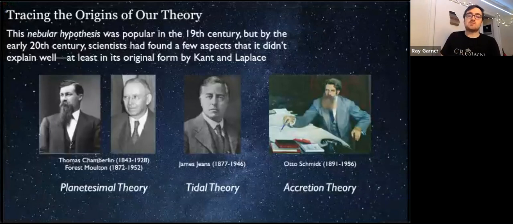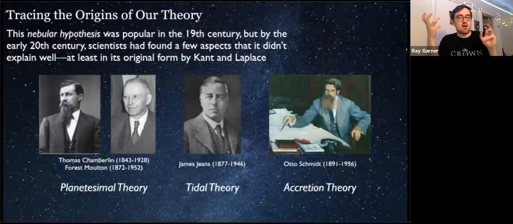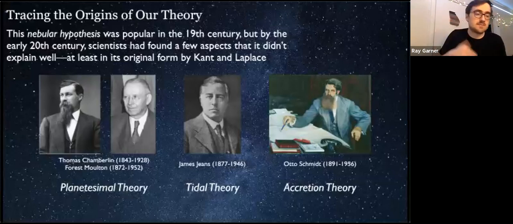Essentially, all of their different theories revolve around what is called a close encounter hypothesis, that in the early history of the solar system, a different star from our sun passed very close to our sun, and the gravitational interaction between the two stars caused globs of material to come out of our sun. And those globs eventually cooled and became the planets as we see them today. Now, by the mid to late 20th century, this hypothesis was not a good one.